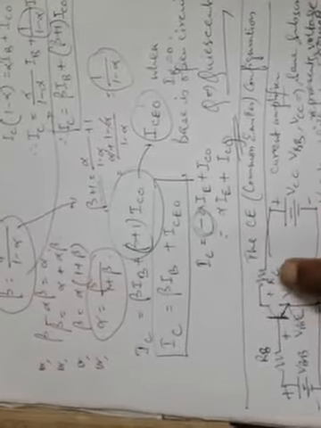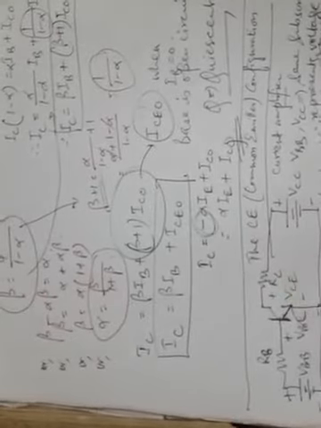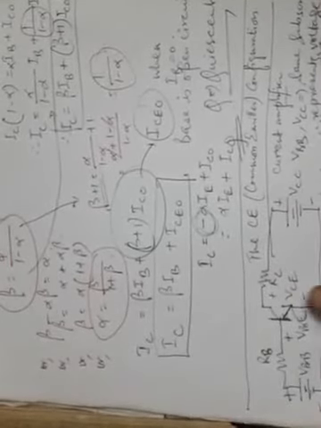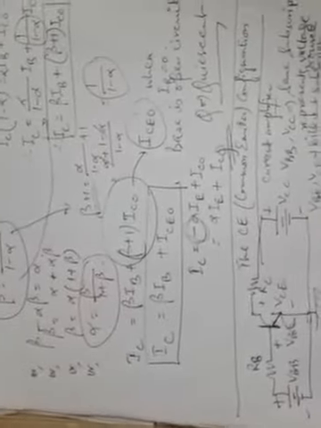So this is the output loop where VCC is applied as a voltage source. RC is the current limiting resistance in the collector circuit, and VCE is the voltage between collector and emitter. Emitter is grounded, you can see from here. So this is the collector loop.